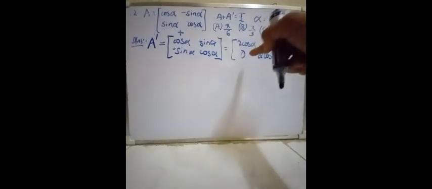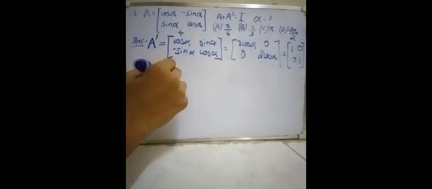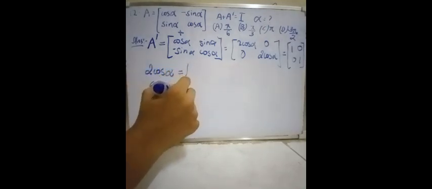Now just compare the elements: 0 equals 0, 0 equals 0. For the rest, we have 2 cos alpha equal to 1, so cos alpha equals half.